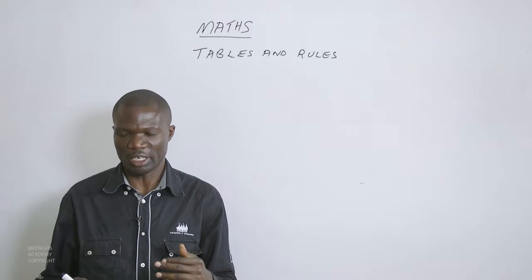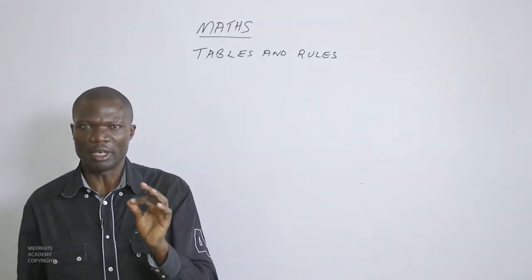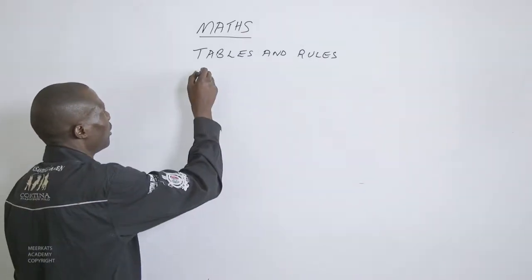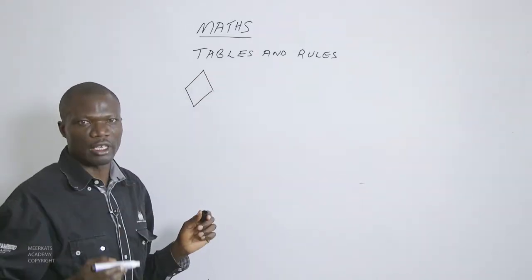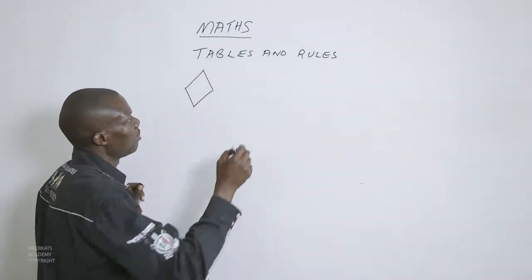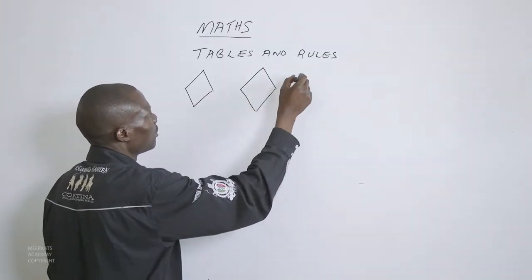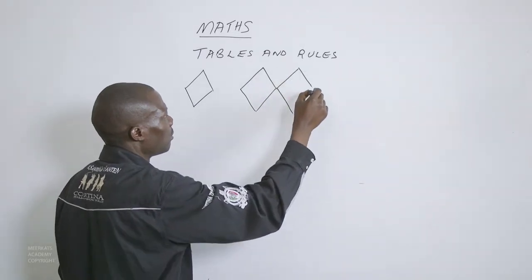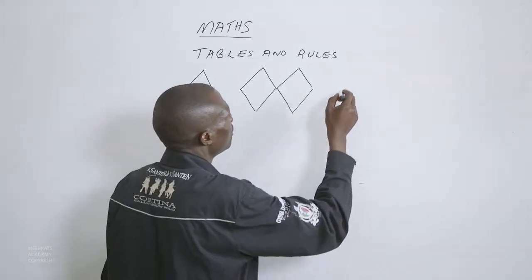We were looking at spatial patterns, and we would have, for example, a diamond symbol represented by sticks.